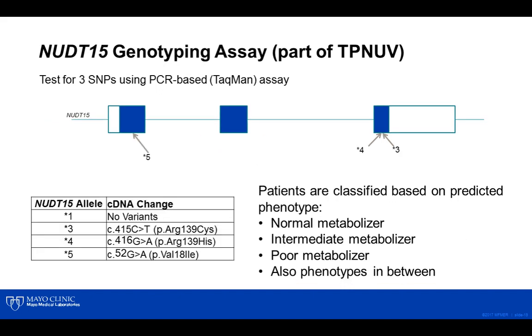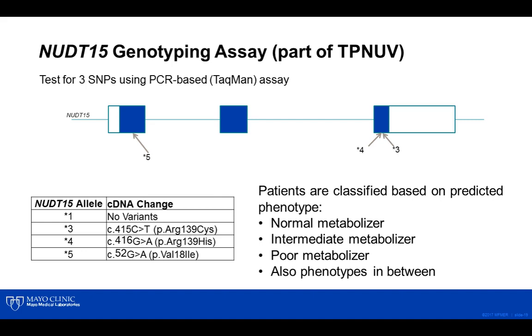This slide shows a similar diagram, but now for the NUDT15 gene. As you can see on this diagram, our laboratory is able to detect 3 single nucleotide polymorphisms with our assay. Similar to the TPMT portion of the assay, the genotyping results are then used to categorize patients into groups by predicted NUDT15 activity phenotype, including normal metabolizer, intermediate metabolizer, and poor metabolizer, based on the alleles detected.